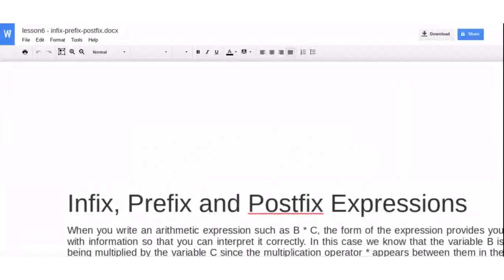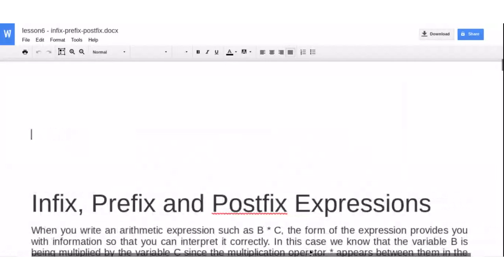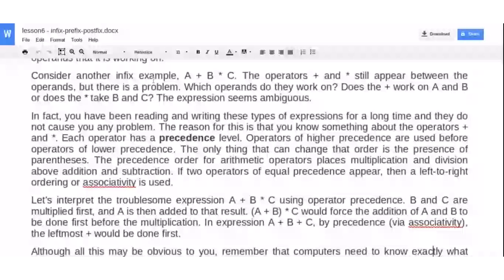So for now, we look at infix, prefix, and postfix expressions. And as I said, these are actually arithmetic expressions like this one, which is described here. So it says consider another infix example. Of course, there should be another one above there.